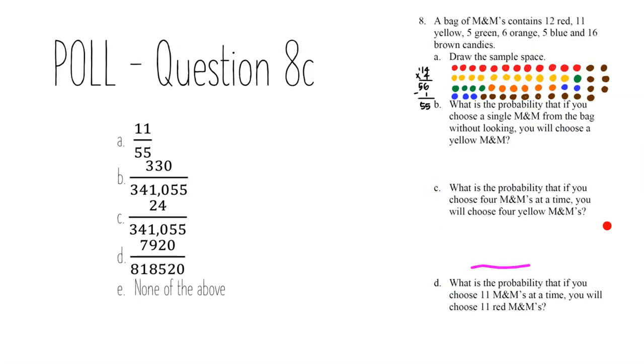Letter C. What is the probability that if you choose 4 M&Ms at a time, you will choose 4 yellow M&Ms? So I'm going to put a poll out again. Go ahead and respond when you're ready.